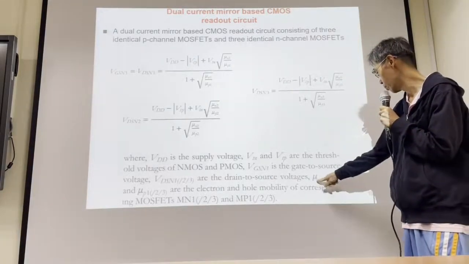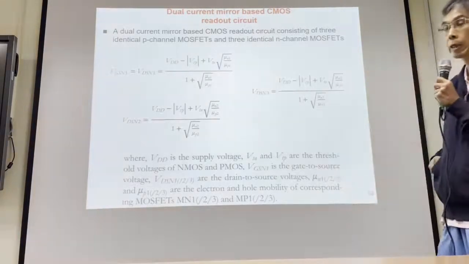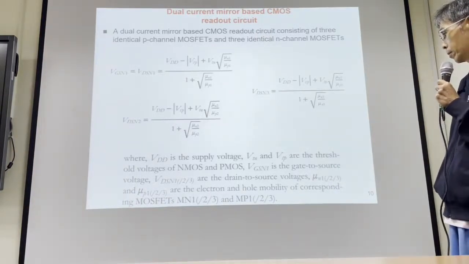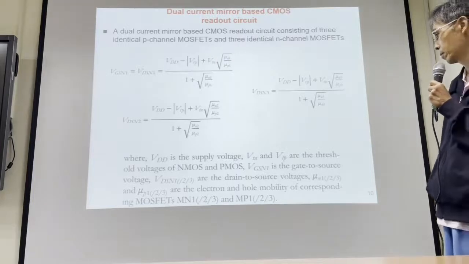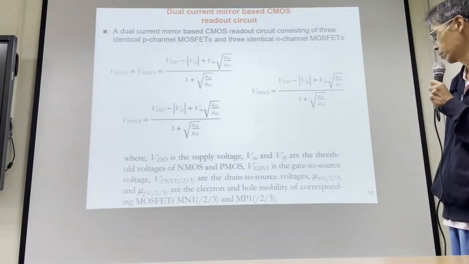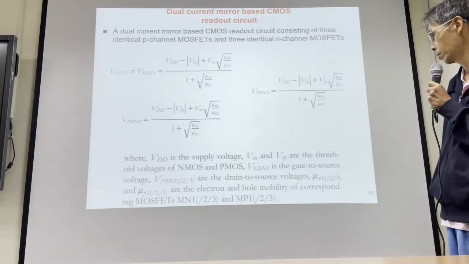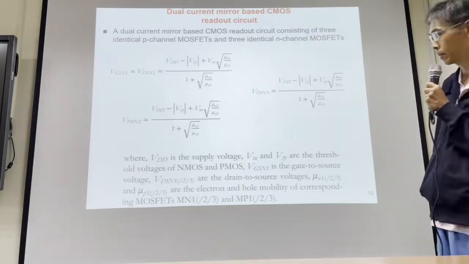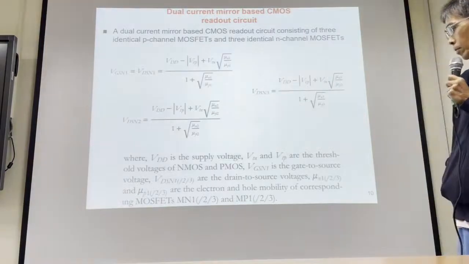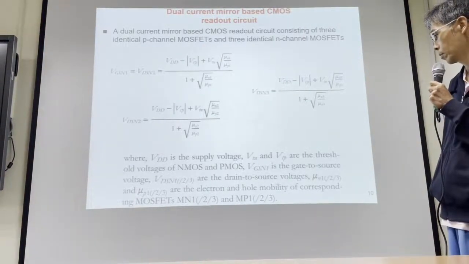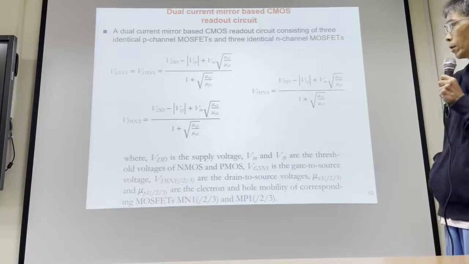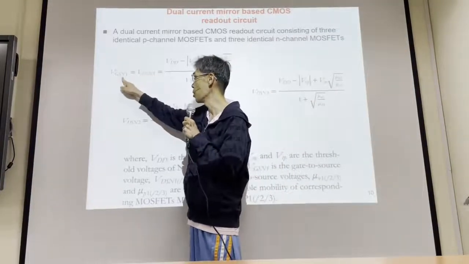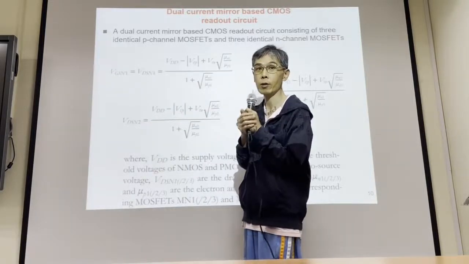UN1, UN2, UN3 and UP1, UP2, UP3 are the electron and hole mobilities of the corresponding MOSFETs MN1, 2, 3 and MP1, 2, 3. See, we take VDS1 and VGS1 equal to each other.